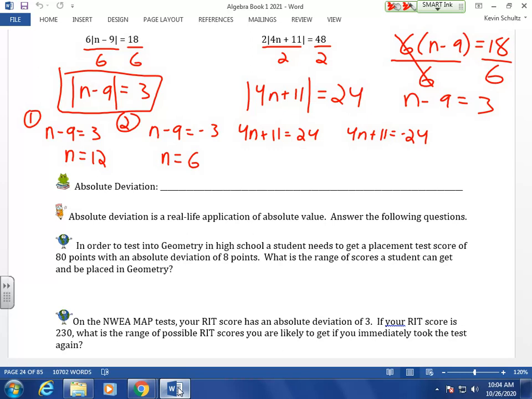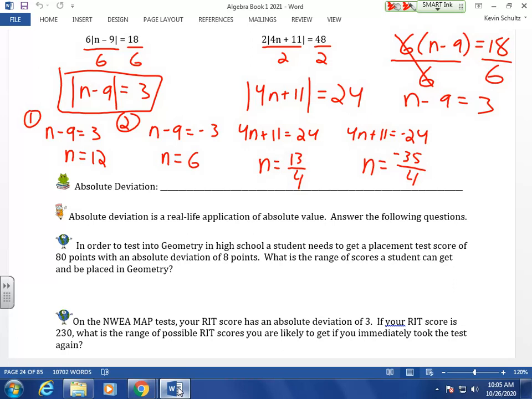The numbers don't work out evenly, but that's okay because we're in algebra and they won't always do that. 13/4 is one answer, and negative 35/4 is the other. Okay. Questions on those two? No? Very well. All right.